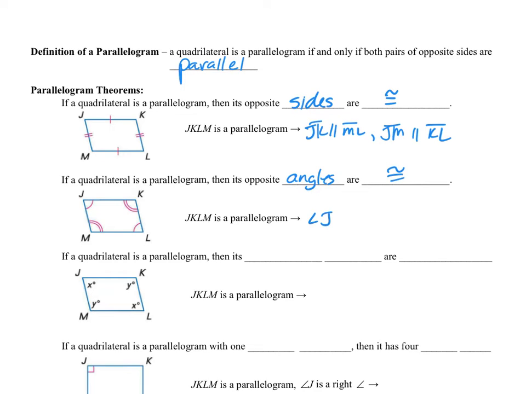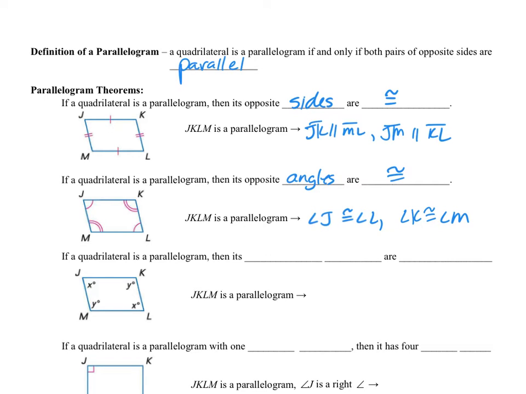So angle J is congruent to angle L. And then the other pair of opposite angles, K and M, are also congruent. So angle K is also congruent to angle M.